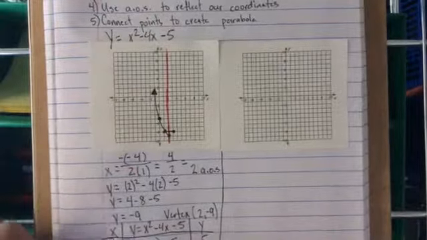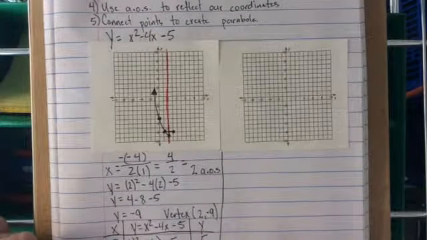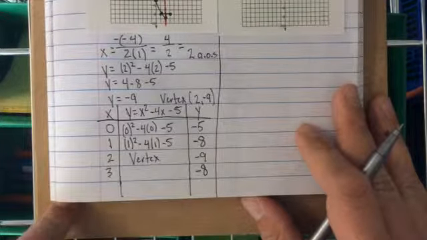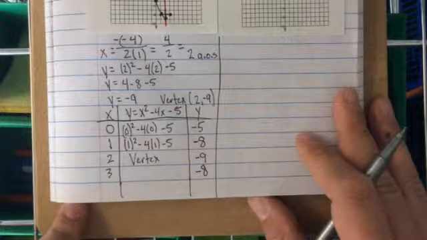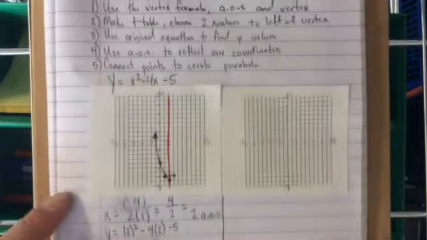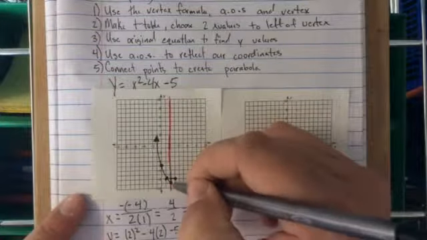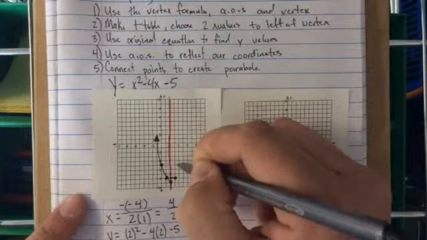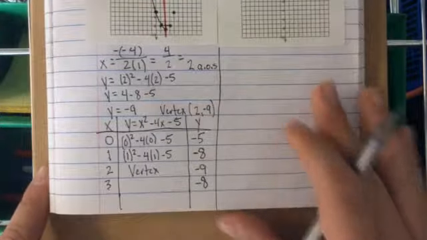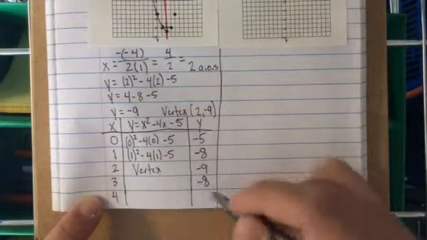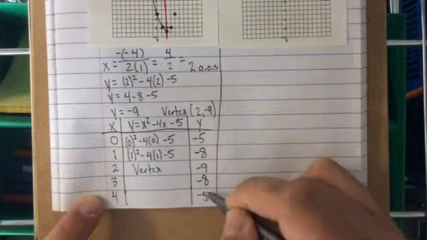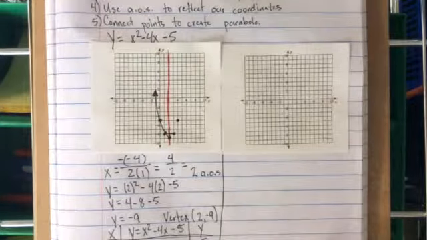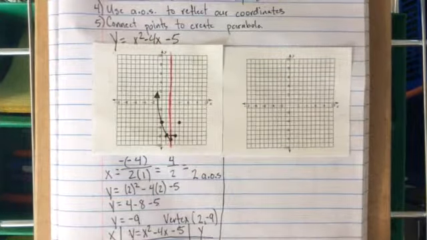And that just so happens to be the point 3, negative 8. Similarly, with that second point, we went up 4 and over 2. So if we went up 4 and over 2 in the other direction, we would have 4, negative 5. And now we have just created the other half of the parabola with only doing half the work.